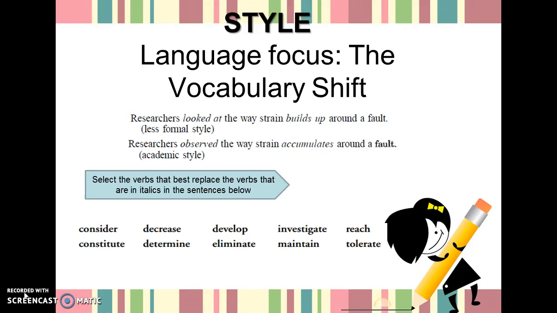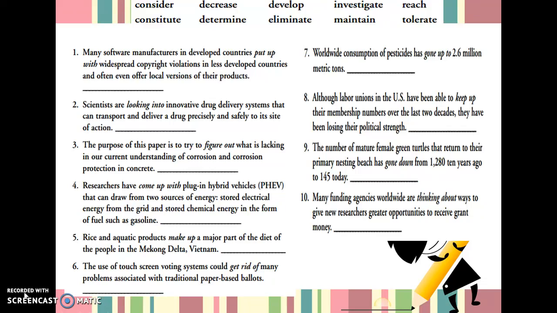So we are going to have some practice, and here we have to select the verbs that best replace the verbs that are in italics in the sentences below. As you see, we have 10 sentences, and we have some verbs italicized.